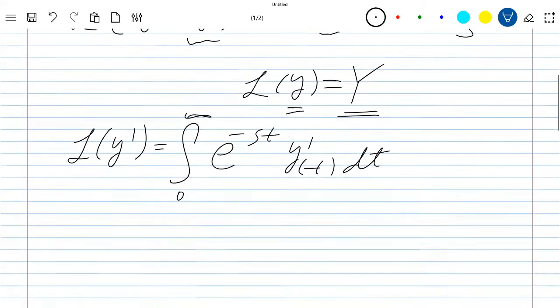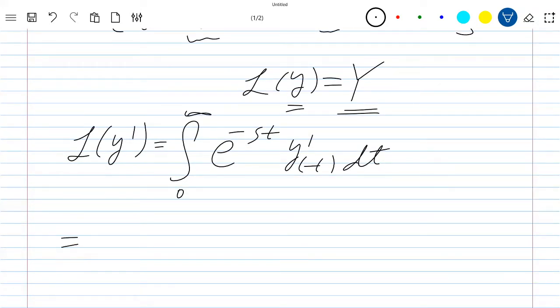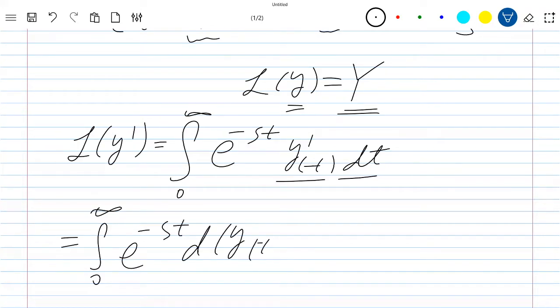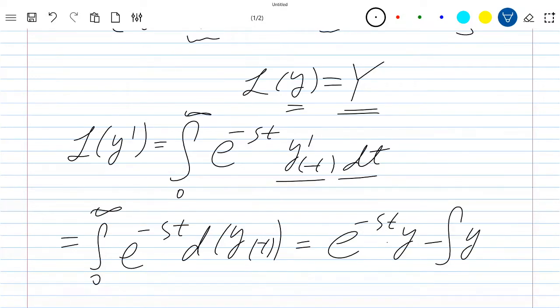Okay, that's what we have. Although we don't know what is y, since this happens to be a derivative, we can always do the integration by parts, because that's something that works for any y. Then you can see it's e to the negative st times y, minus y times e to the negative st, and have another negative s coming from the derivative.